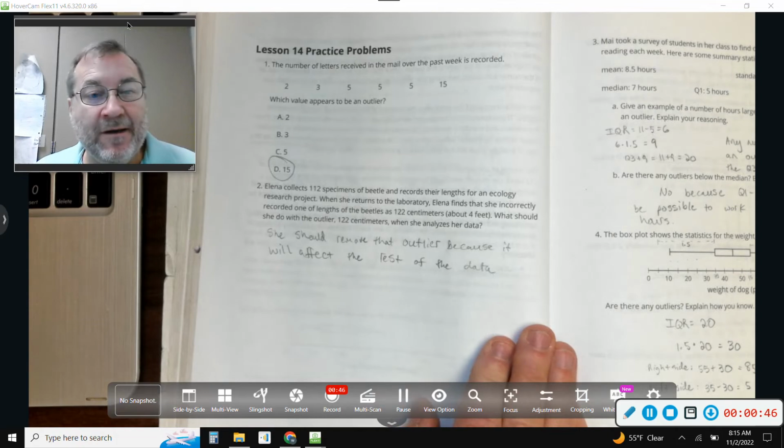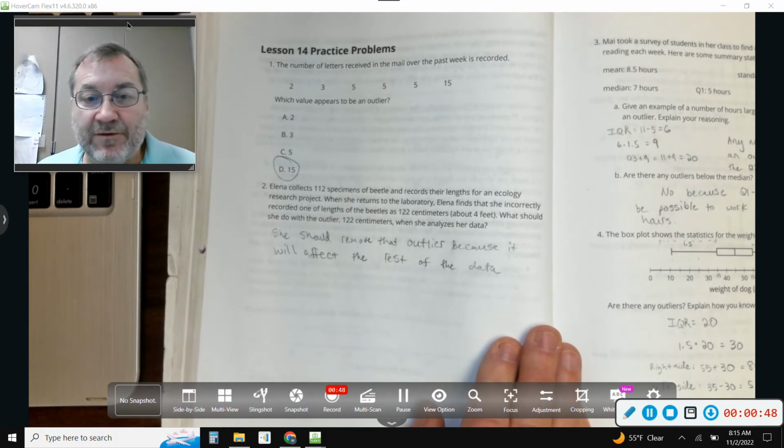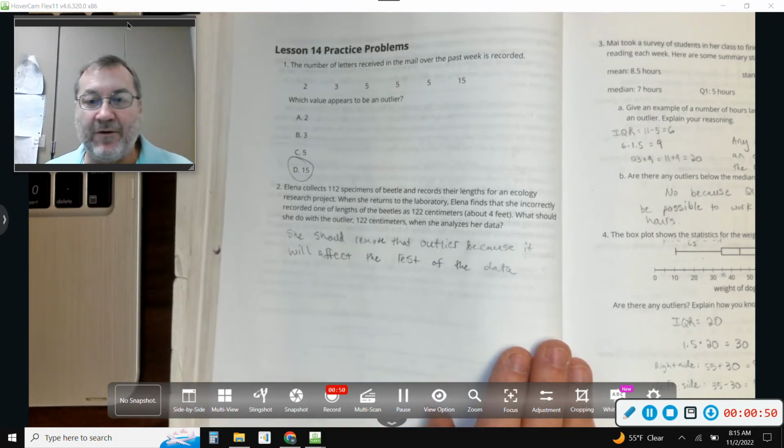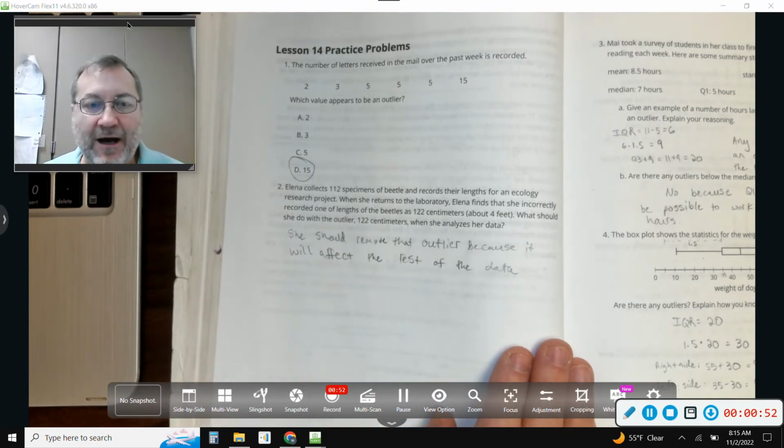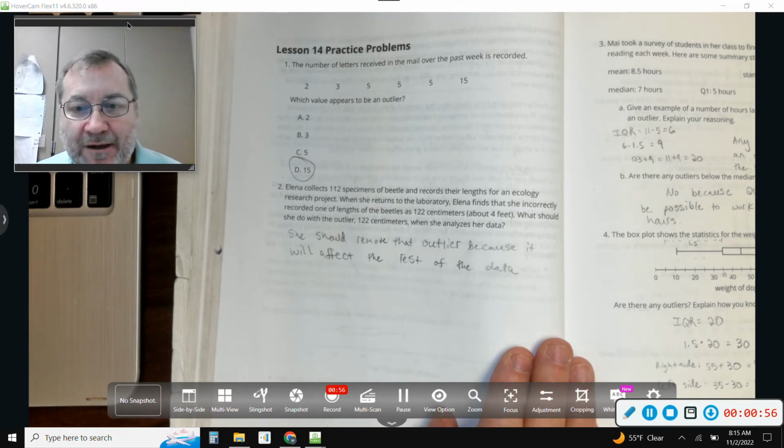Number 2, Elena collects 112 specimens of beetle and records their lengths for an ecology research project. When she returns to the laboratory, Elena finds that she has incorrectly recorded one of the lengths of the beetles as 122 centimeters, which is about 4 feet, which is an incredibly huge beetle.